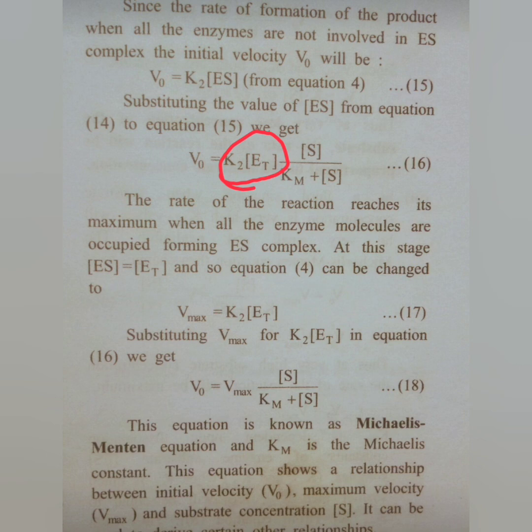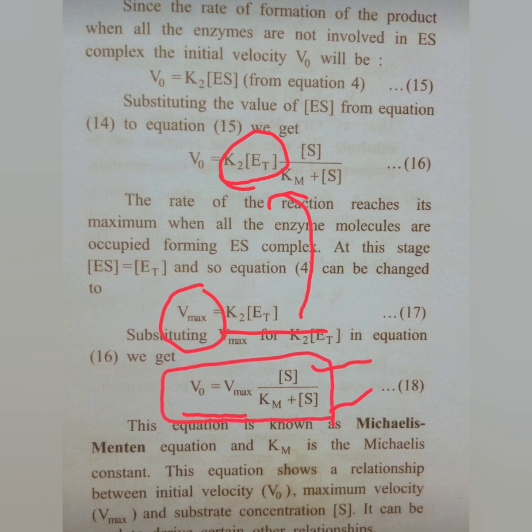So instead of writing K2 into ET from equation 17, we can write Vmax. Substituting this value in this equation, we get V naught is equal to Vmax S divided by Km plus S. This equation, girls, is very, very important, and it is known as the Michaelis-Menten equation, and Km is referred to as the Michaelis constant.